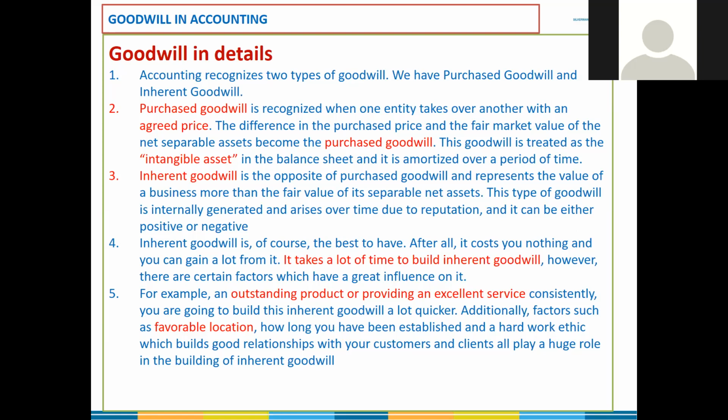So these are the things that we are looking at. And so, vis-a-vis, I'm guiding you on how you can build goodwill. So we are not restricting this training to just accounting students, but how you can build your reputation even as a marketing person, or you are selling a product, and how you can build the reputation for that product.